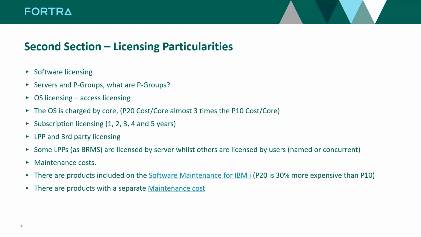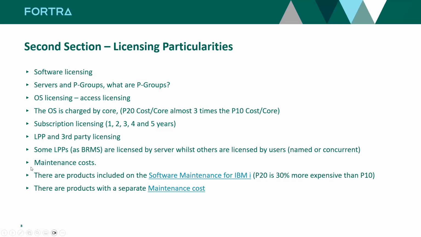And again, for BRMS, for instance, the licensing on a P20 is 3 times more expensive than the licenses for BRMS on a P10. So again, the higher the P group, the higher the cost of entitlements and maintenance that you get.